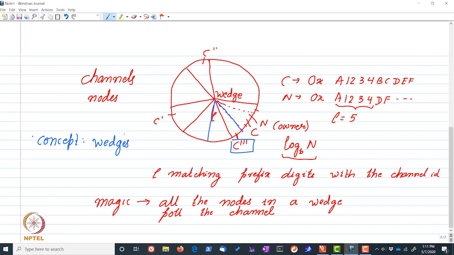We can either have a wide wedge or a narrow wedge depending on the polling level, which can be changed dynamically. So the entire optimization problem in Corona is to essentially figure out the wedge sizes for each channel.